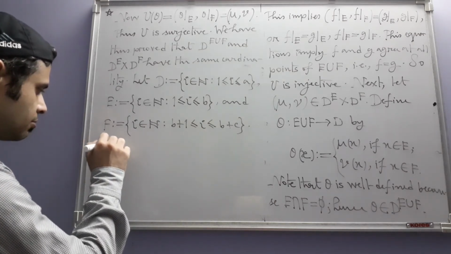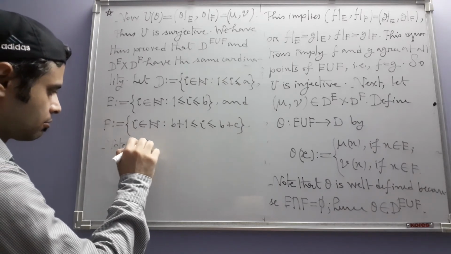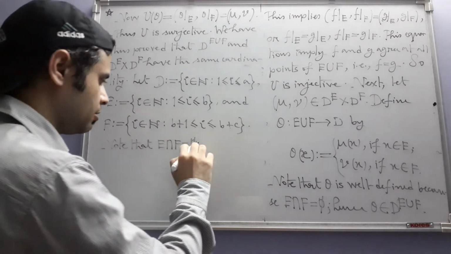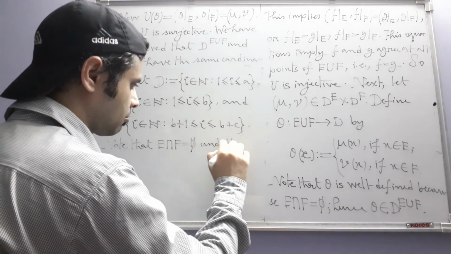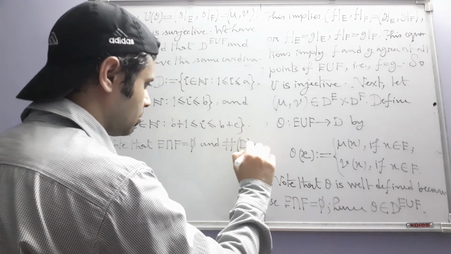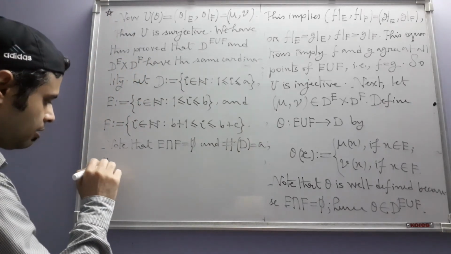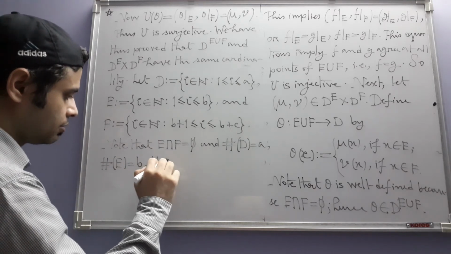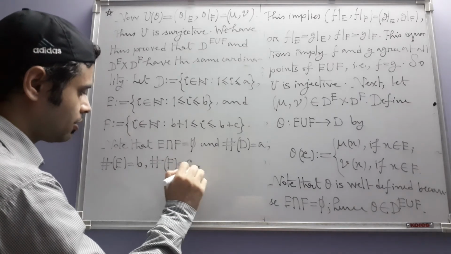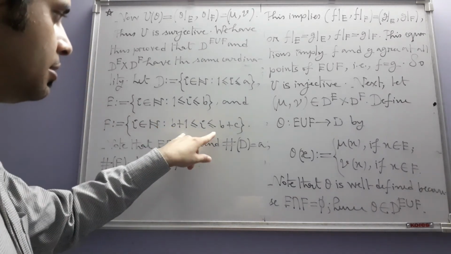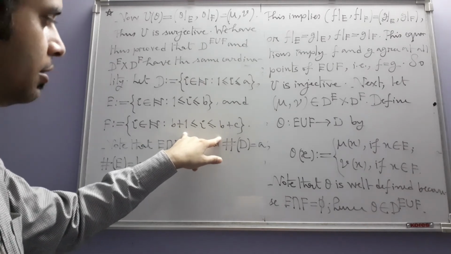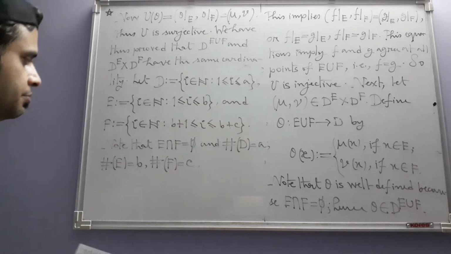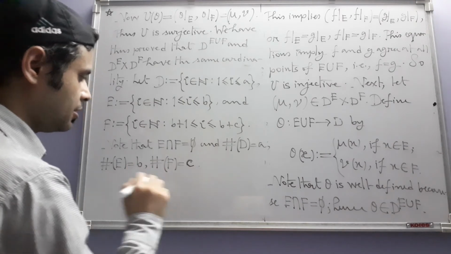Note that E and F are disjoint and cardinality of D is A, cardinality of E is B, and cardinality of F is C. Although it's not immediate, you can see that there is a natural bijection between F and the set of all natural numbers lying between 1 and C. There is a bijection, and that's why they have the same cardinality.